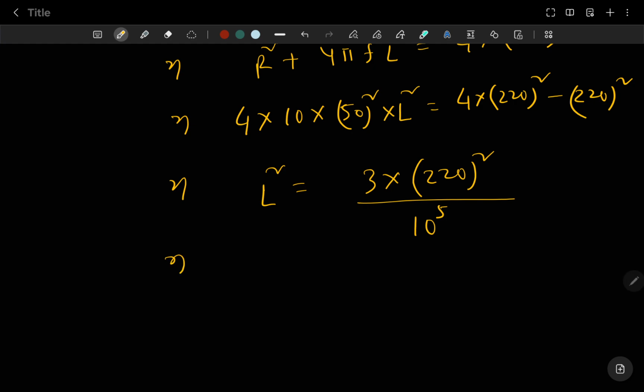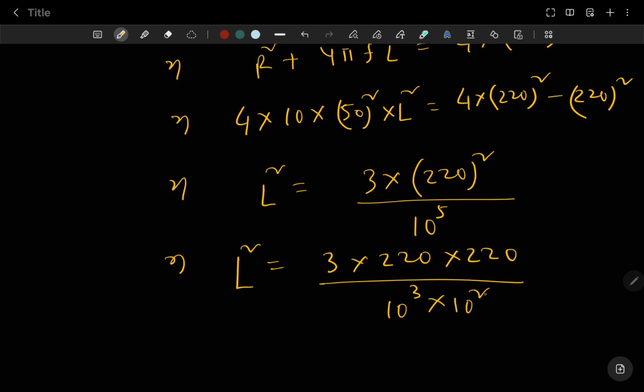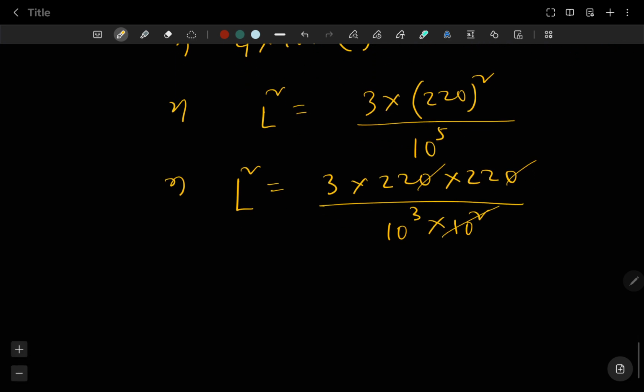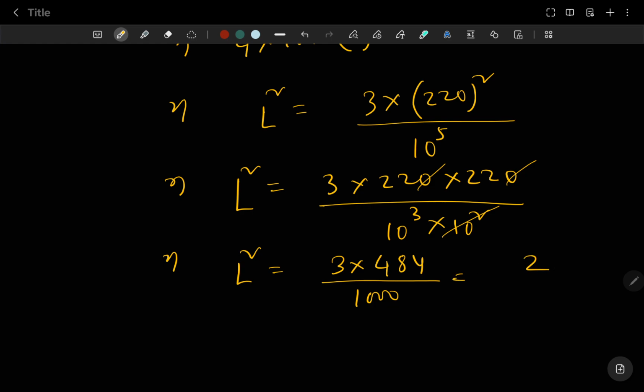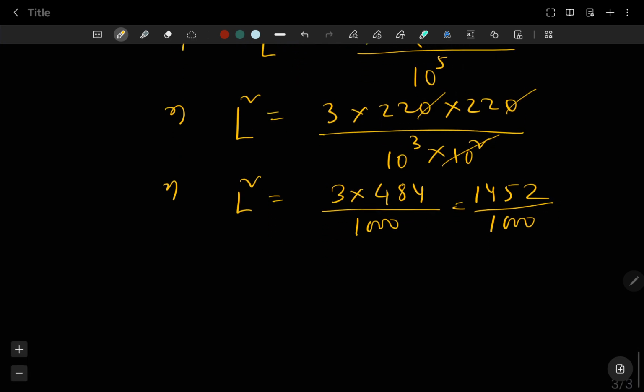Okay, so we can get L as calculated: 220 into 220 by this 10 cube into 10 square, so 10 square and this 0 is gone, so I get L square as 3 into this 484 by 1000. So it will be nearly 1.452.